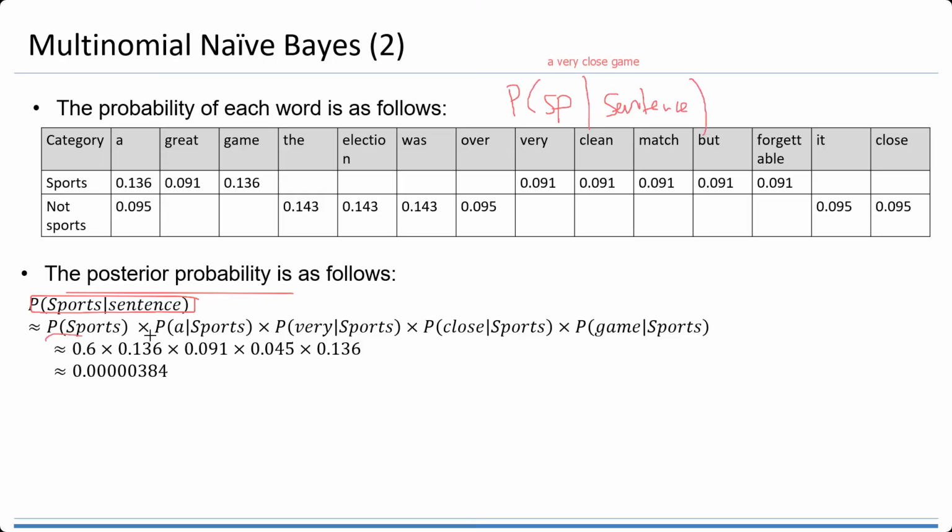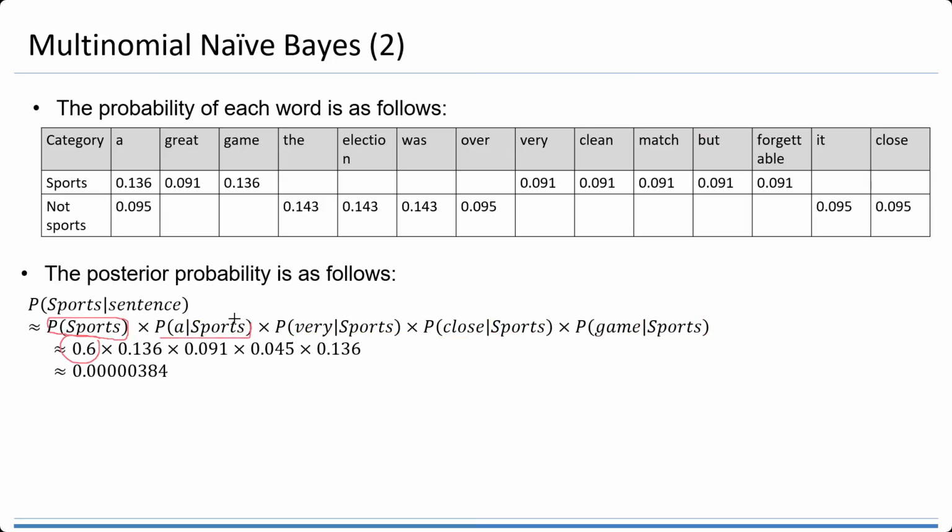We can make this prediction: the probability of sports, multiplied by the probability of "a" given that it is in sports, multiplied by the probability of the word "very" given sports, and the probability of "close" given sports, and the probability of the word "game" given sports. Then we have this probability, 0.6, which is the prior probability of sports.